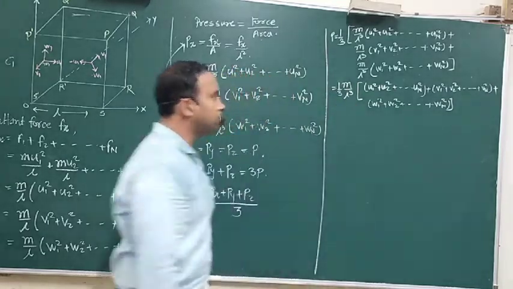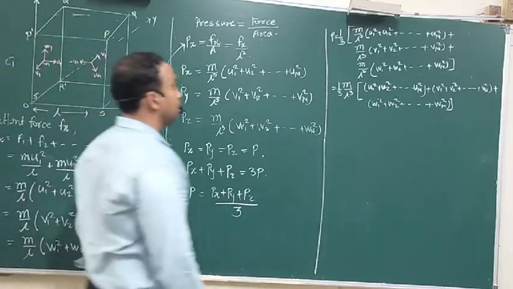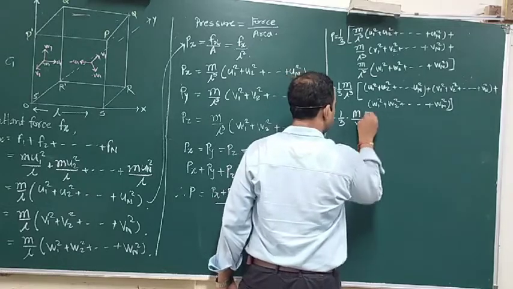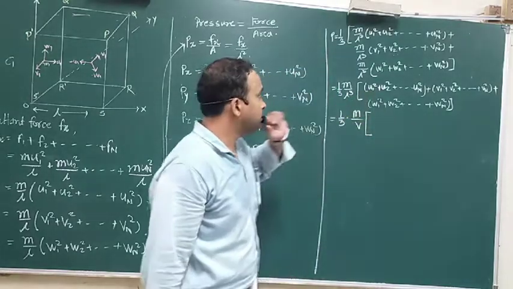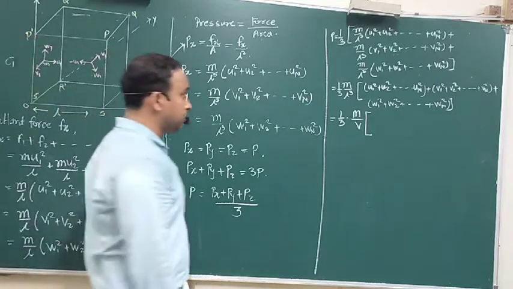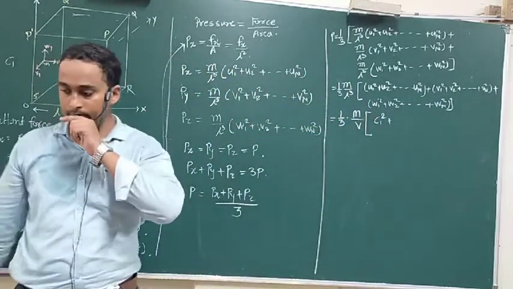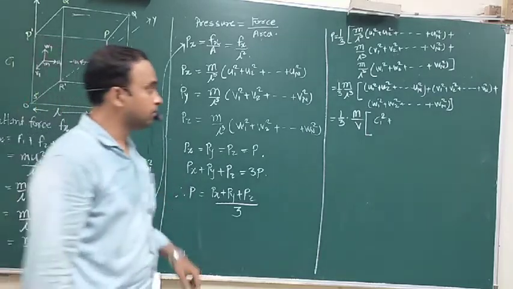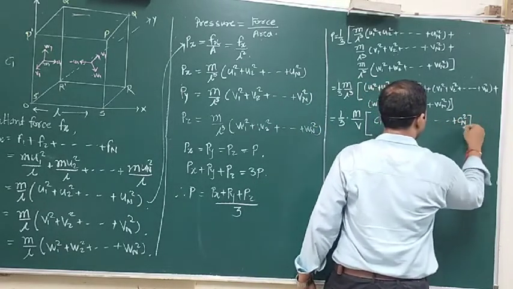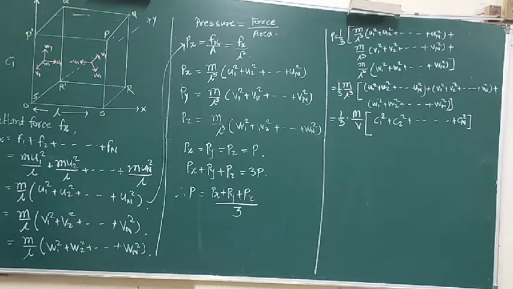Okay, now see here, L cube is the volume, so we get 1 upon 3 into m upon V into, we have already known, u1 square plus u2 square plus and so on un square, that is equal to c1 square plus c2 square plus and so on cn square.